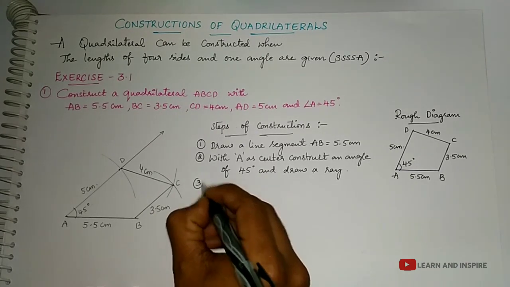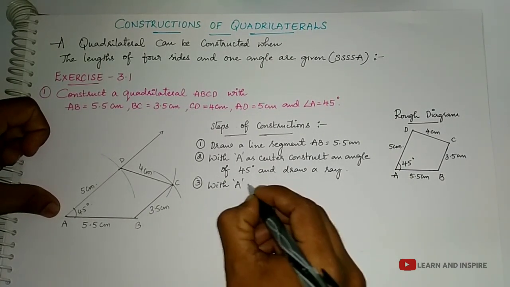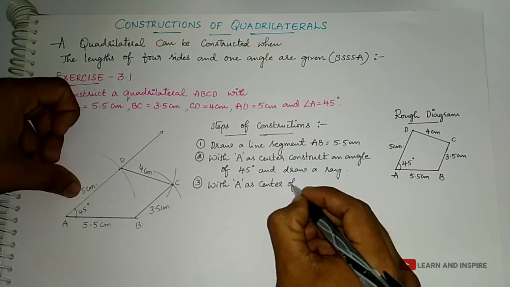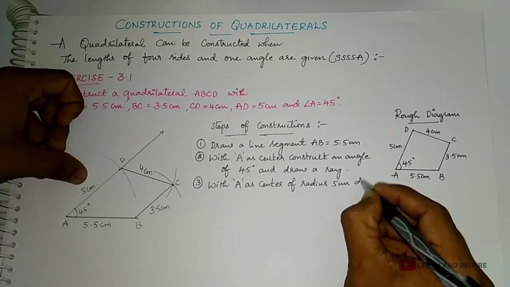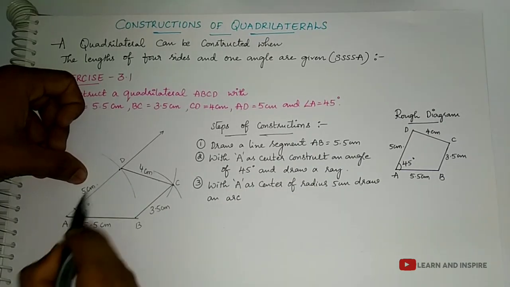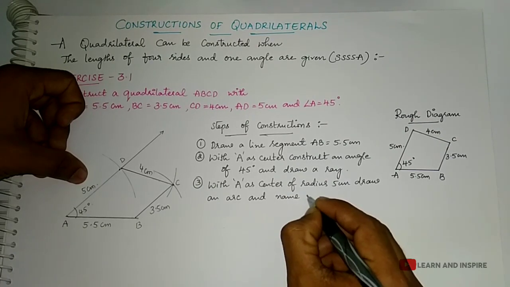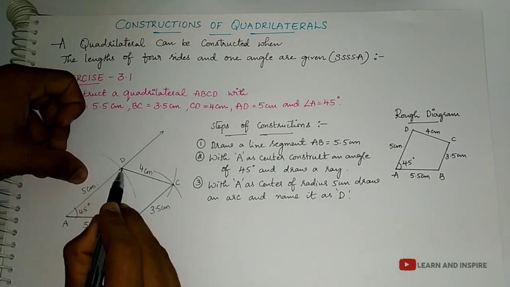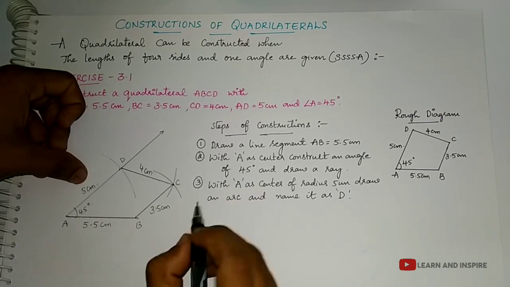Next, step 3, again with A as center, of radius 5 centimeters, draw an arc. So we can draw an arc and name it as D. So if I draw an arc, we can name it as D. So that is step 3.